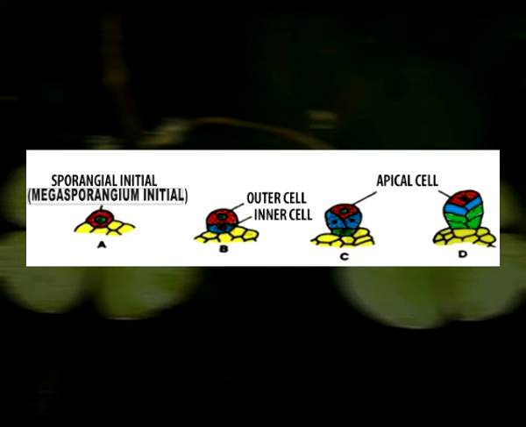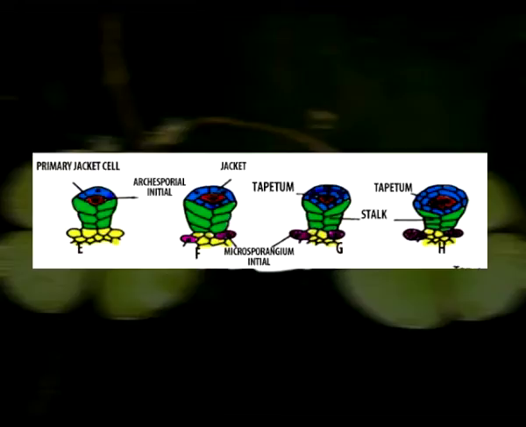The entire sporangium develops from the outer cell, and the inner cell takes no part in its development. In megasporangia, all spores degenerate, but only one remains. These degenerated spores form a nutritive tissue, and the spore which remains grows in size at the expense of the others, forming a single large functional megaspore.